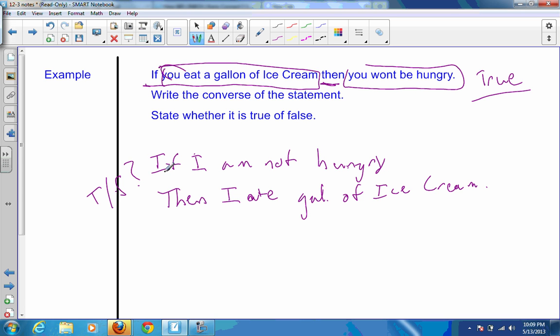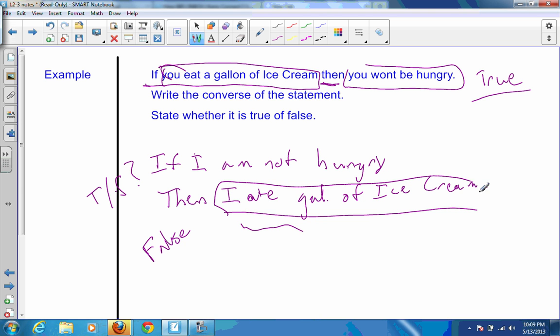I'm going to say that's false because I can eat anything besides ice cream. It would be a ridiculous conclusion to walk around and say, hey, you're not hungry? Oh, then how was that ice cream that you had? That wouldn't make any sense because maybe they ate something else. So your counter example would be, I ate, I don't know, 37 brats with a Z. Brats with a Z are much better.